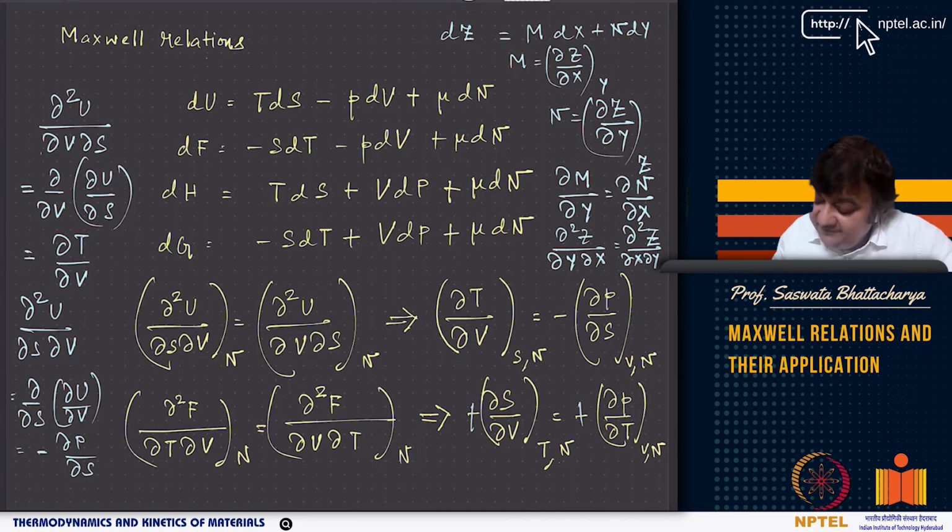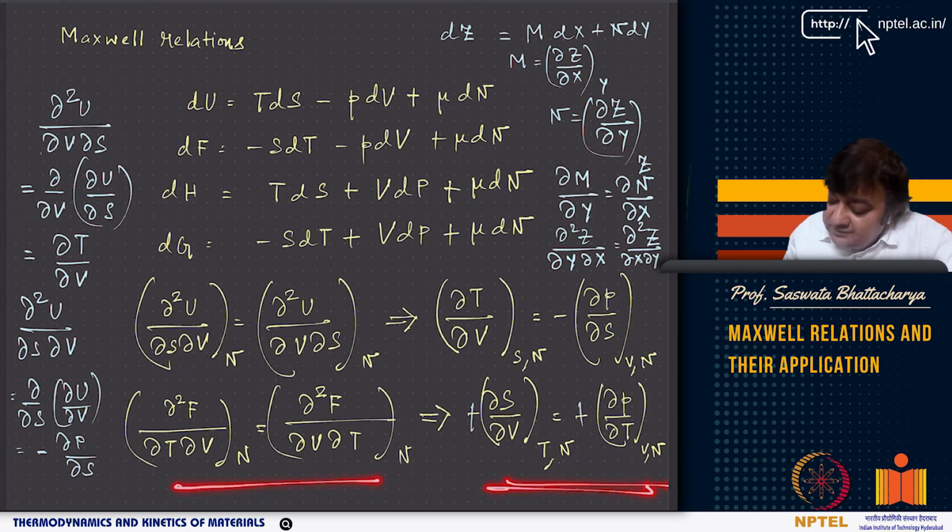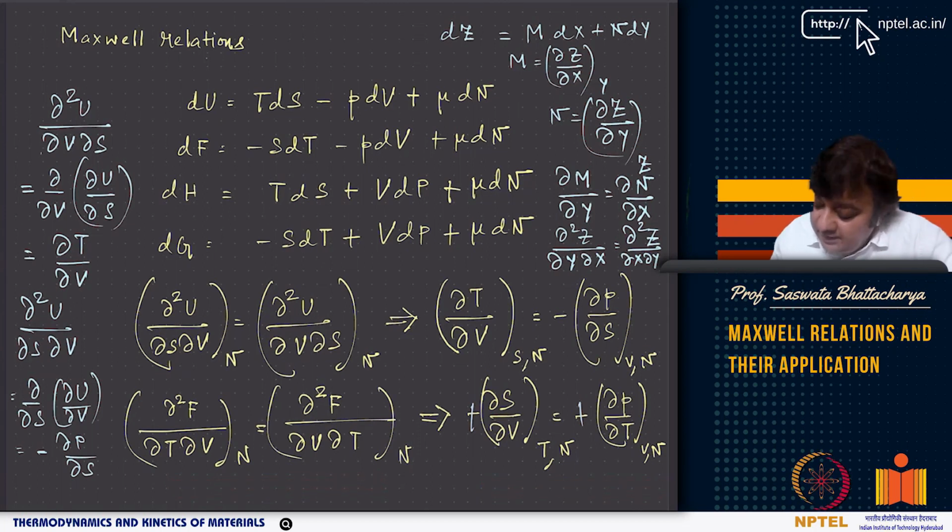So you have the equality of del S del V and del P del T, coming from the equality of the second derivatives. The equality of the second derivatives gives you a useful relation, because the order does not matter.